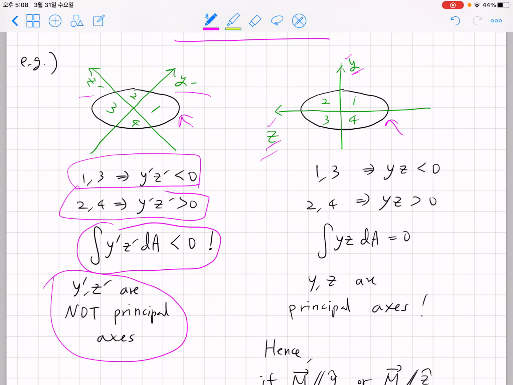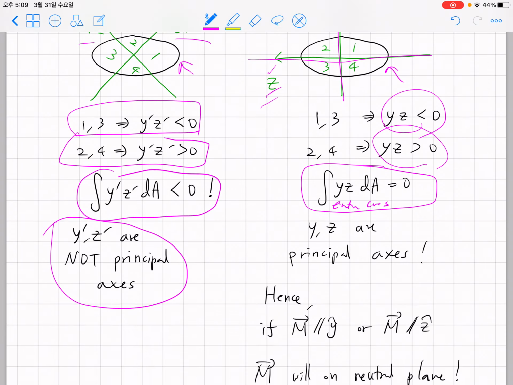However, when y and z are located in the plane of symmetry, the negative and positive yz contributions cancel out over the entire cross section in the integral Iyz, so we can conclude that y and z are principal axes.